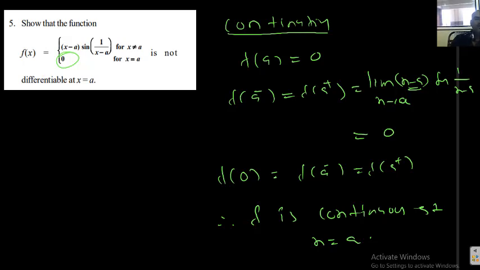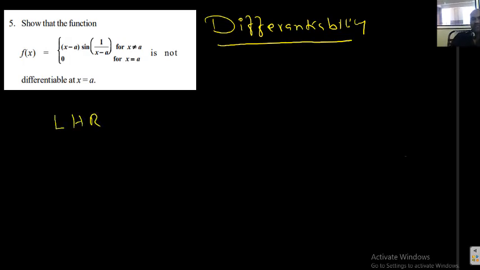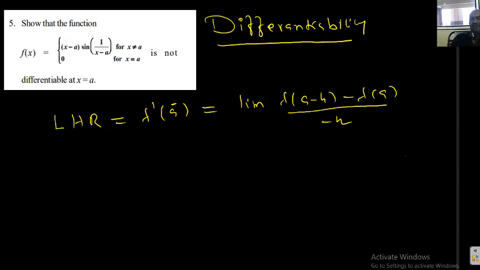Now you want to check the differentiability. Checking differentiability at x equal to a, I want to find the LHD, that is f dash of a minus. That is the limiting value of f of a minus h minus f of a, by minus h, as h tends to 0.